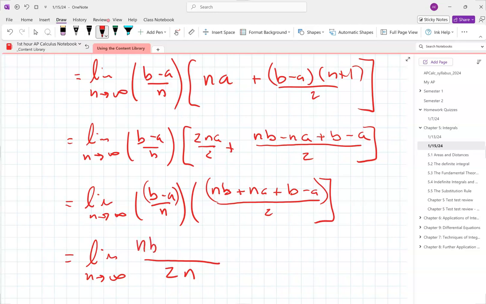So that's going to give me nb squared plus nab plus b squared minus ab, and then minus nab, so those will cancel, minus na squared, and then I have minus ab plus a squared.